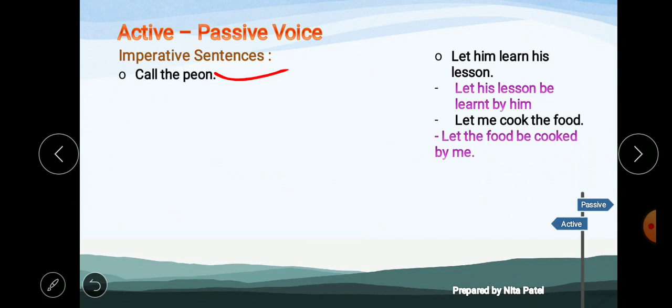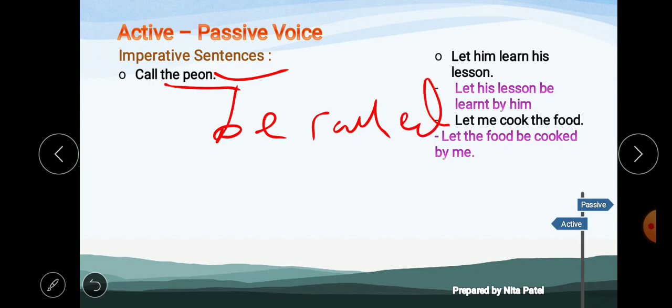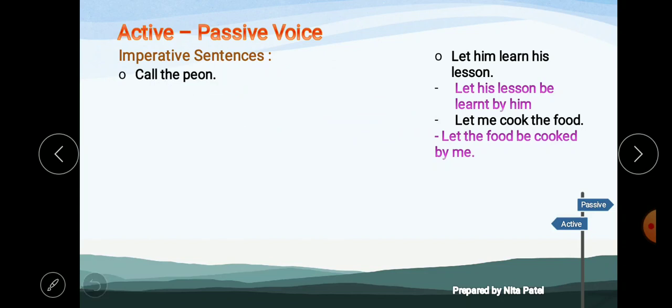First one was the use of let. Call the peon, let, then our object, let the peon, we will have to put be, let the peon be called. Call the peon, let the peon be called, right? Let's see, let the peon be called.